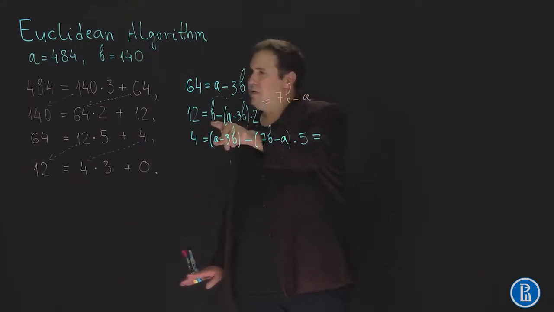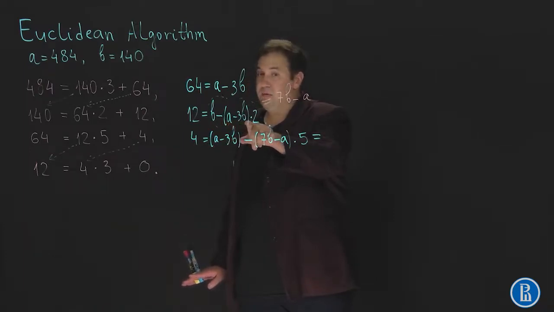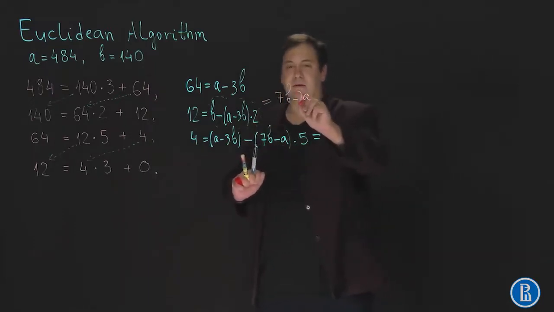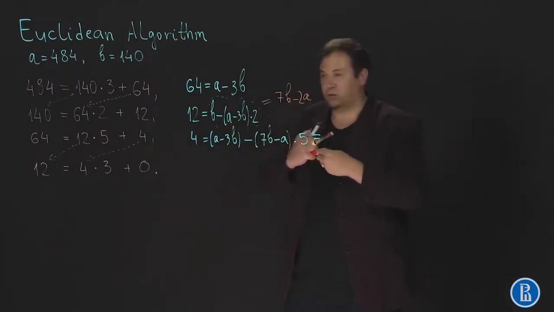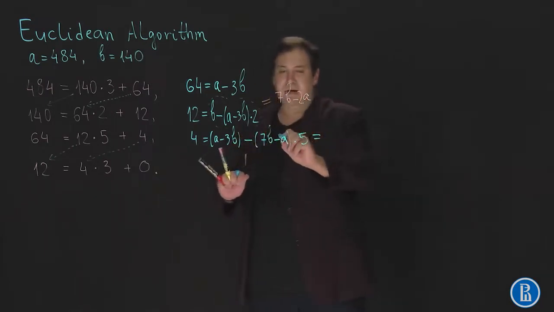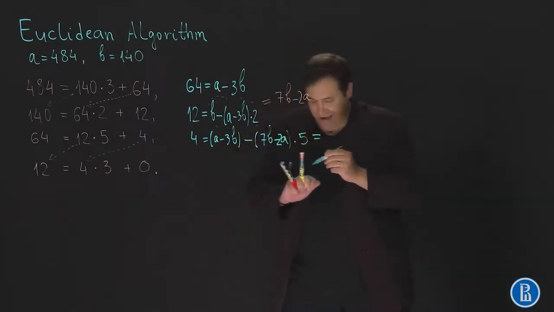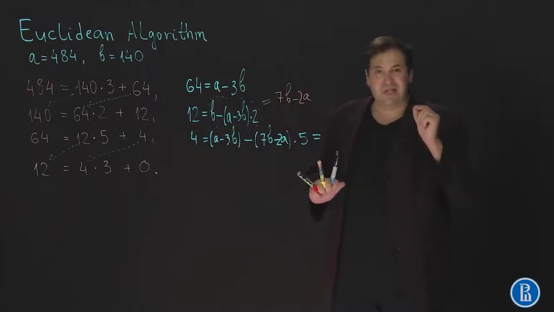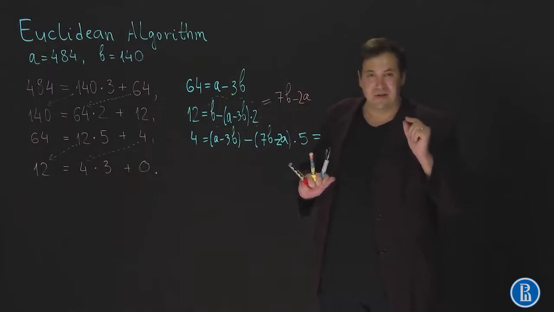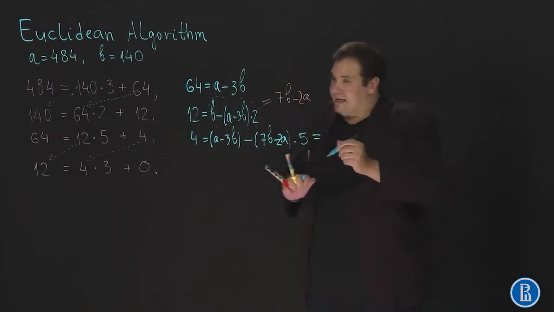So b minus a minus 3b multiplied by 2. Oh, right. I've forgotten 2 over here. So 7b minus 2a. Always check your calculations, even if they seem correct to you.